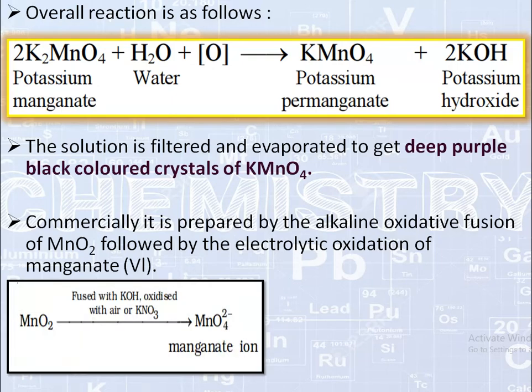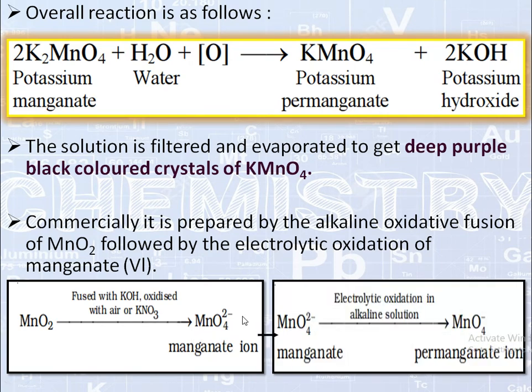So in the first step, manganese dioxide, that is pyrolusite ore, is fused with KOH and oxidized with air or an oxidizing agent like KNO3, giving us manganate ion.